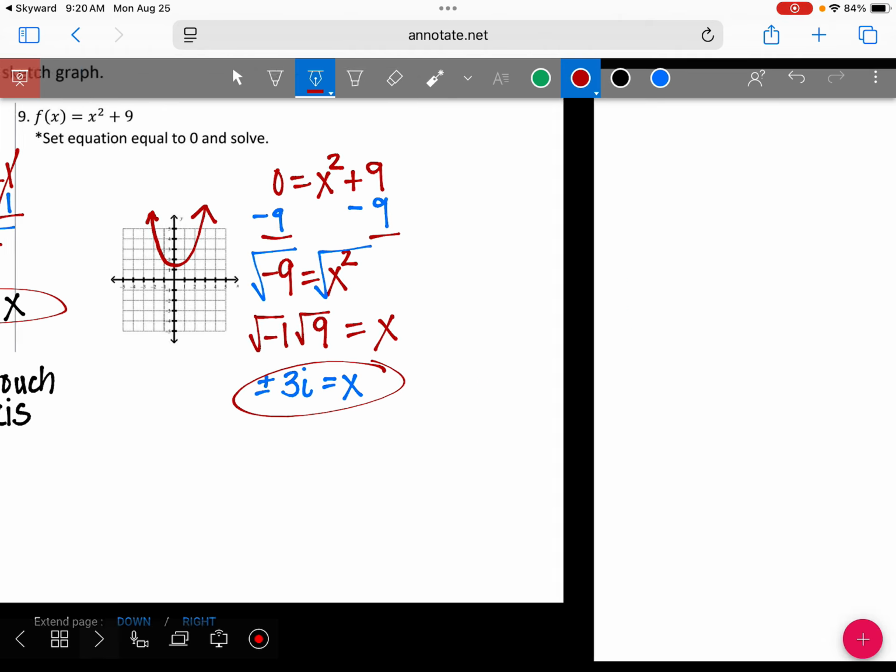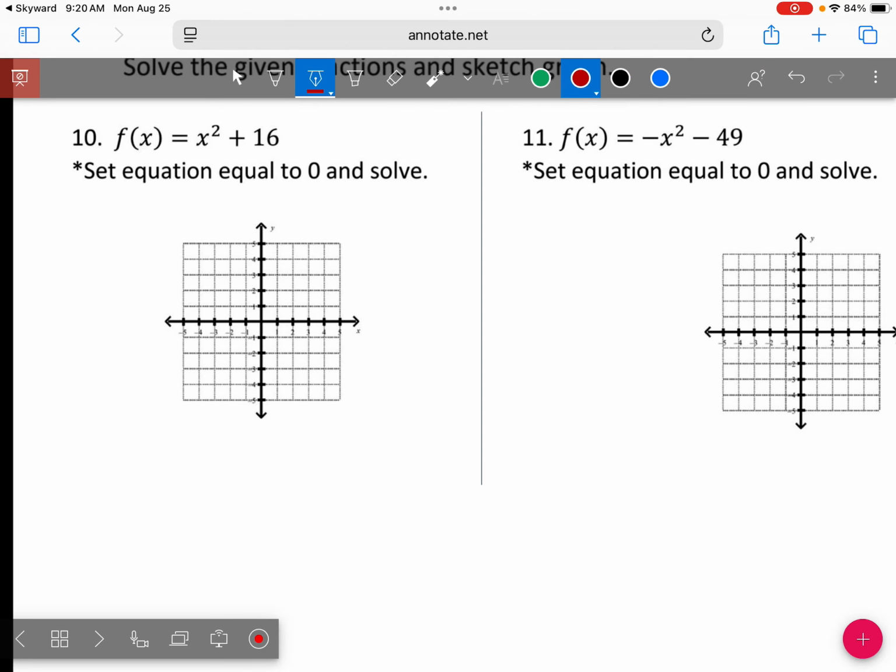All right, let's look at number 10. So we have 0 equals x squared plus 16.